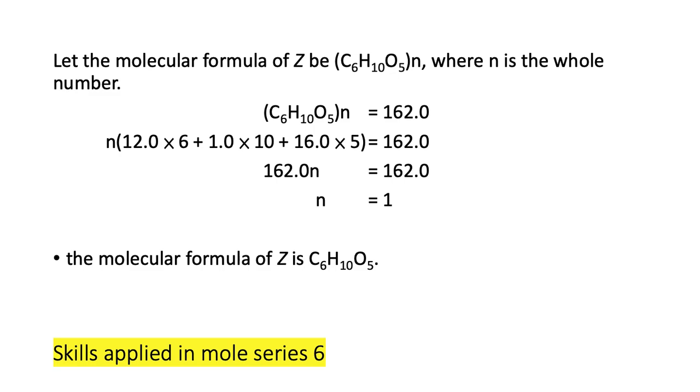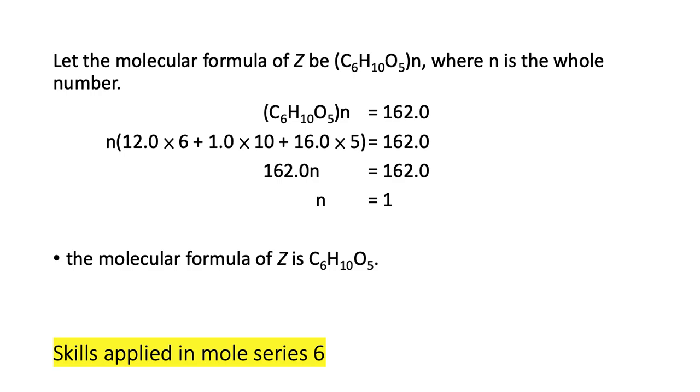With the empirical formula, you can let the molecular formula be something like this, where n is a whole number. You can substitute the relative atomic masses of the elements in compound Z, and also substitute the relative molecular mass, to determine the value of n.